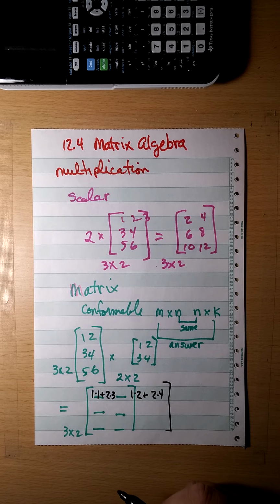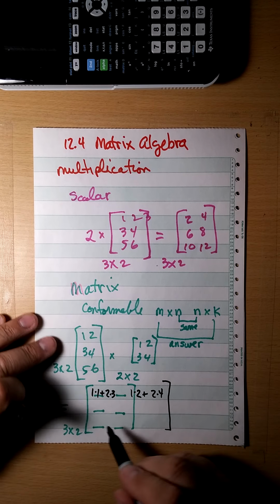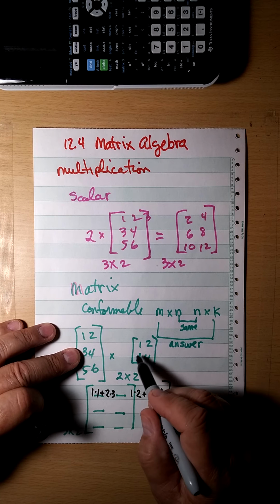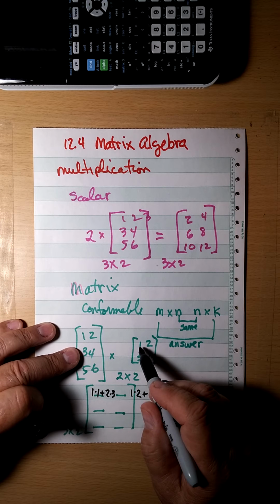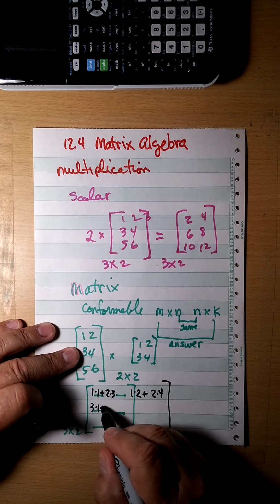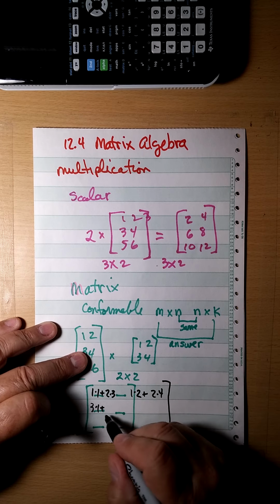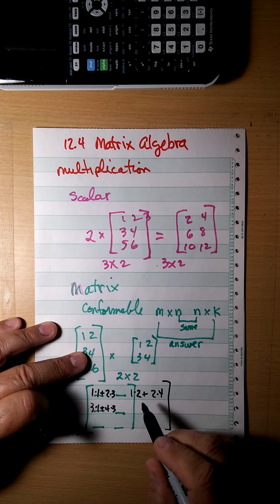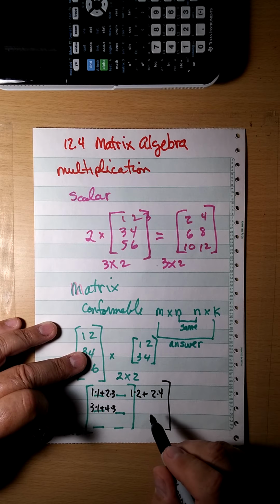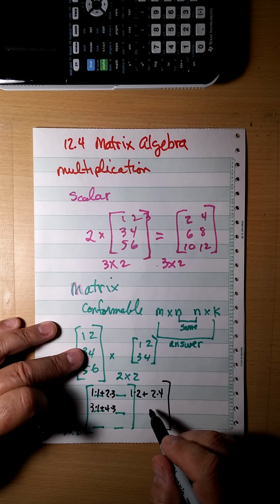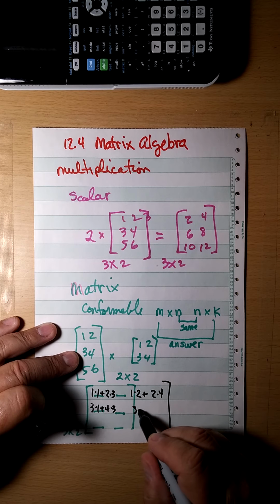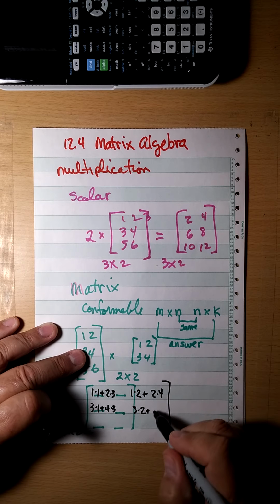Does that make sense? To find the second row, first column, use the second row and the first column: 3 times 1 plus 4 times 3. And then for the second row, second column, use the second row and the second column: 3 times 2 plus 4 times 4.